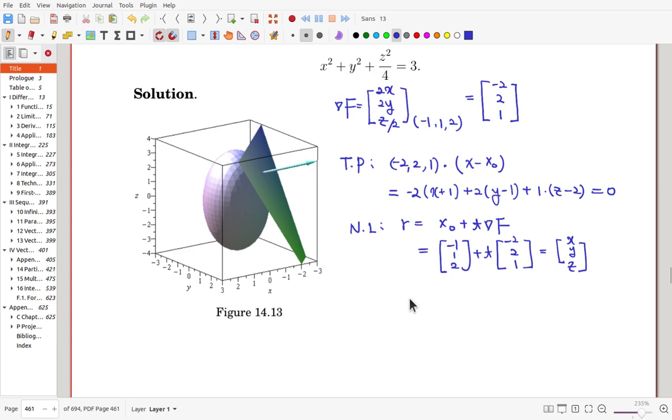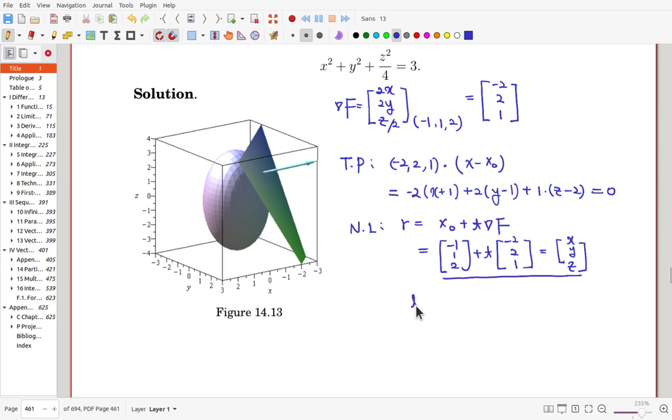If you want to get the symmetric form, then you have to solve for t. So move this to the other side and divide by that quantity. We focus on only this portion.